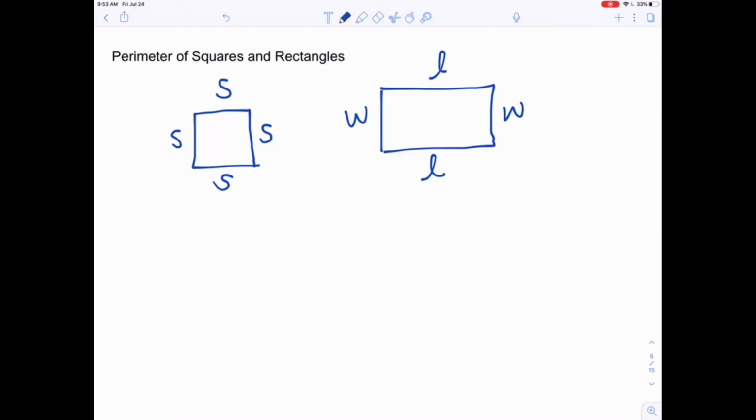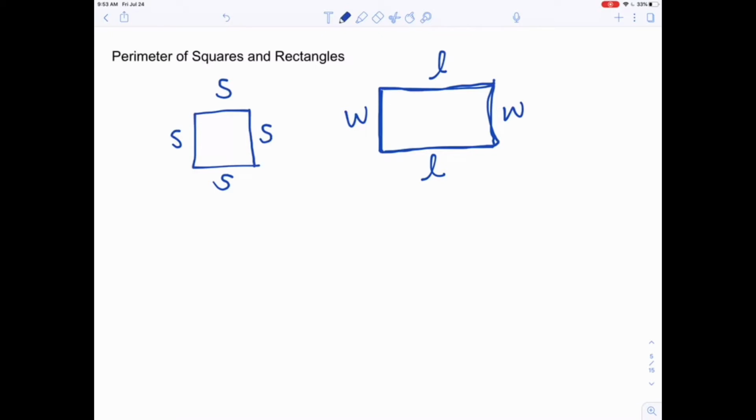The perimeter of a rectangle or a square is the measure along the edge of it. If we were to take a string and measure this plus this plus this plus this, that would give us the perimeter.